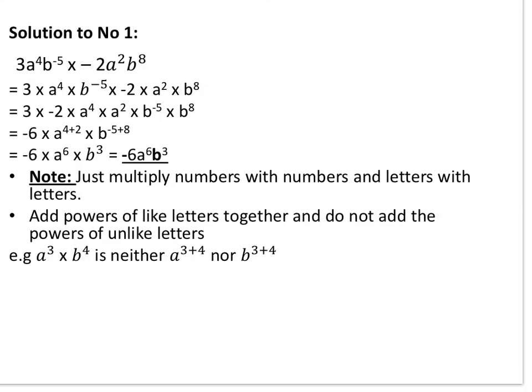Solution to number 1. In number 1, we have 3a raised to the power 4, b raised to the power minus 5 times minus 2a raised to the power 2, b raised to the power 8.